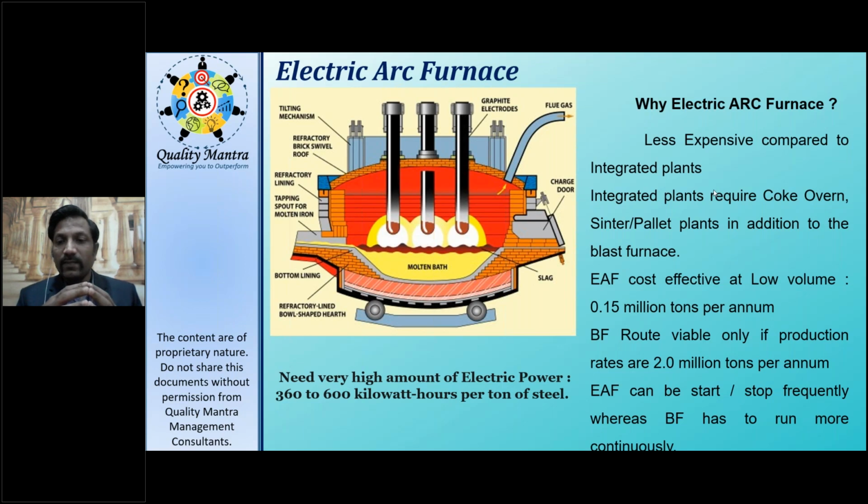Okay, then another thing is that the blast furnace, as we have seen the operation, is a very critical, very complicated operation. So it has to run continuously. You cannot start and stop, even monthly you cannot start and stop. Whereas electric arc furnaces you can start or stop as per your production requirement.